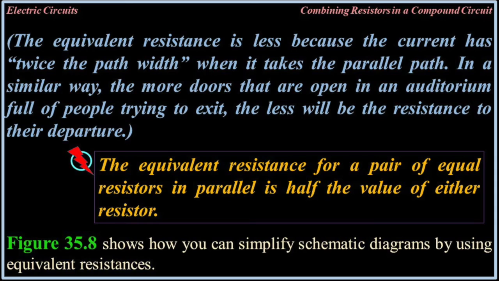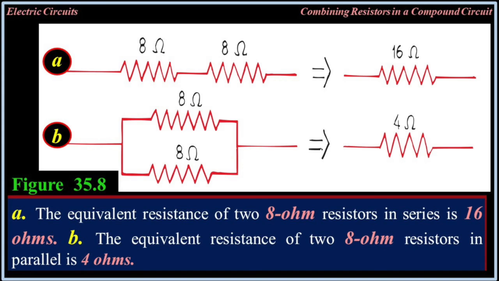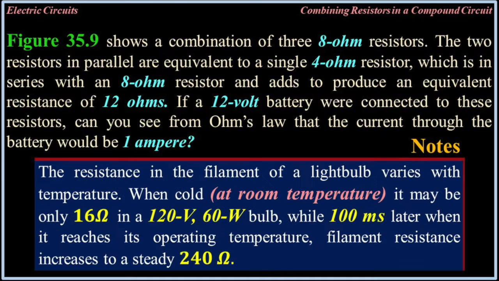Figure 35.8 shows how you can simplify schematic diagrams by using equivalent resistances. Figure 35.8a, the equivalent resistance of 2 8-ohm resistors in series is 16 ohms. B, the equivalent resistance of 2 8-ohm resistors in parallel is 4 ohms.